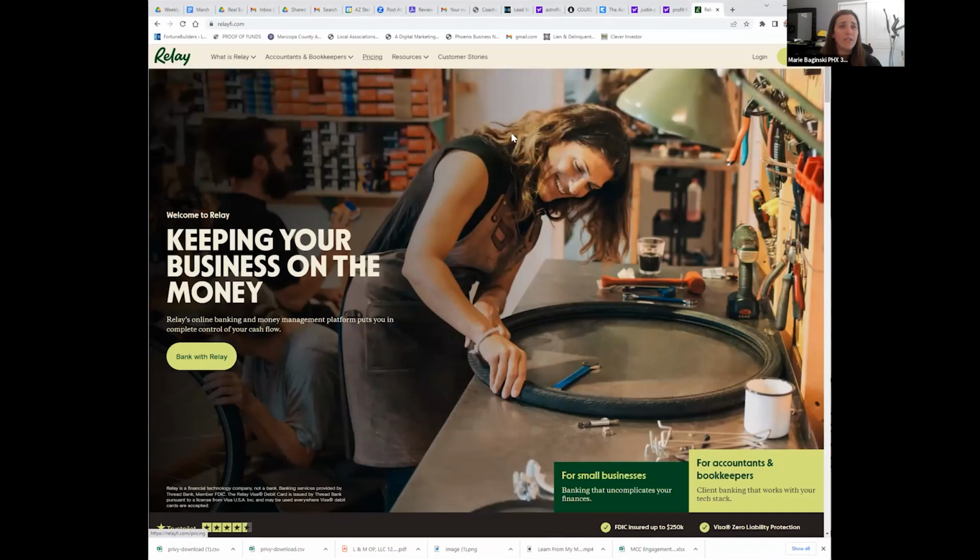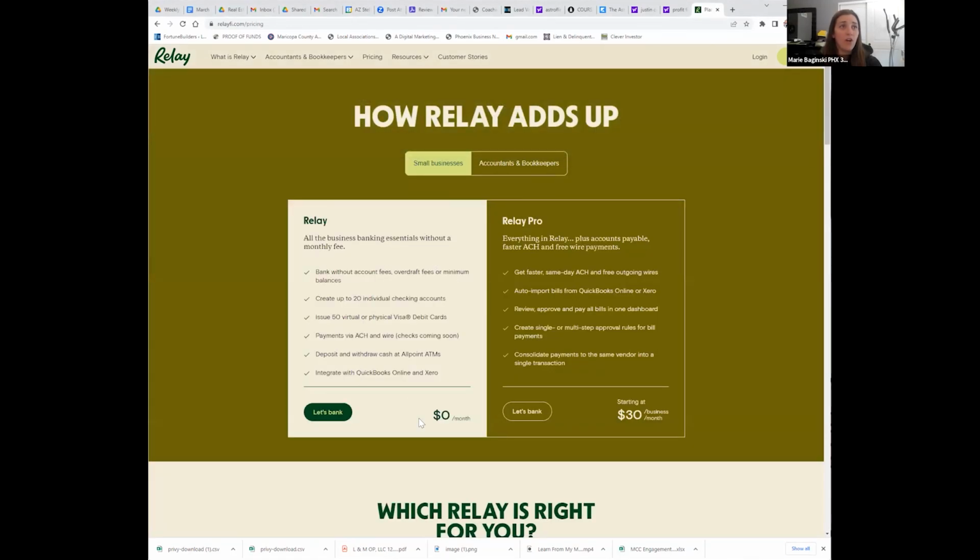And then even for pricing, oh my gosh. We are completely using a free account. They will send you physical debit cards. What I also love about this is they also send you virtual debit cards. So our virtual assistant that you guys all met, Rihanna, has access to a virtual debit card with a spending limit of up to $500.